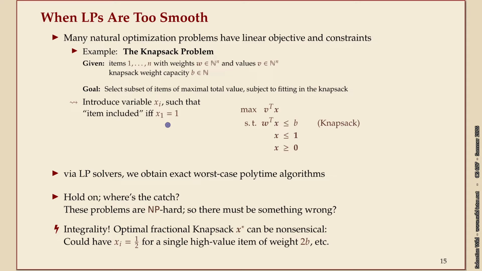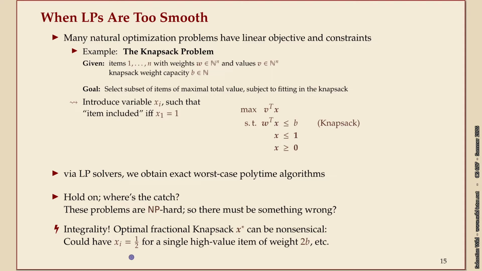When we set up this LP, what we really had in mind is that these xi should be either 0 or 1. You can either include the item or not. But the LP doesn't have that notion. It's a variable between 0 and 1, but it can be any real number.